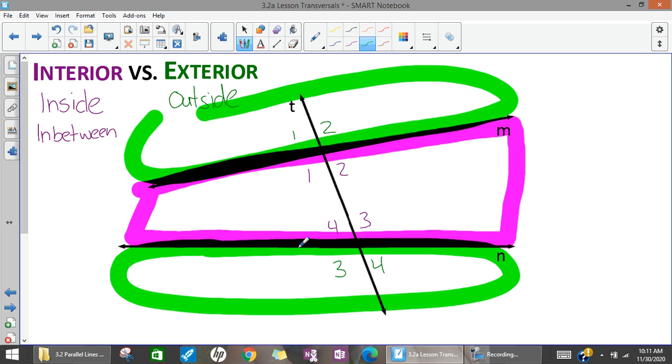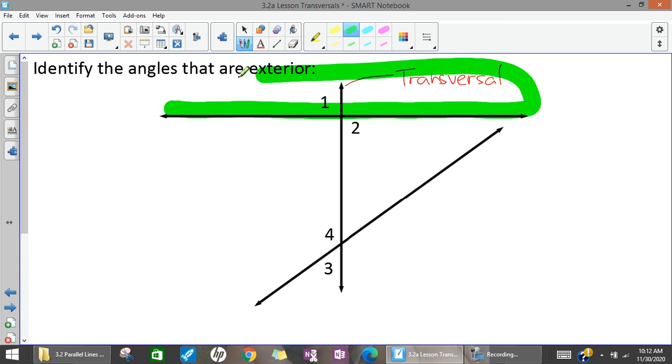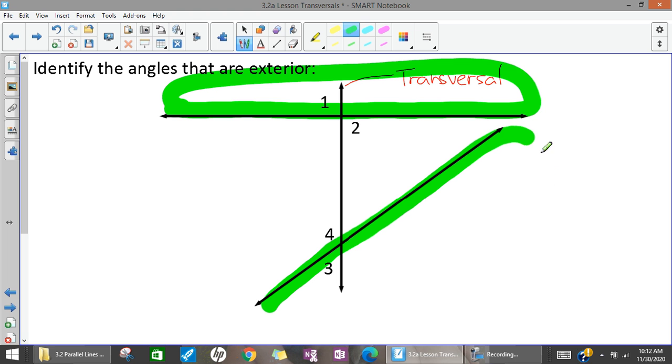So in these pictures, we have interior angles and exterior angles, and this is sort of leading us into some special angle pair relationships that are inside the two lines and outside of the two lines. So just real quick, we're going to identify some exterior angles. The exterior angles are the ones that are outside of the two lines that are intersected by the transversal. So first of all, that's the transversal. And so my exterior exists above that line and below this line.